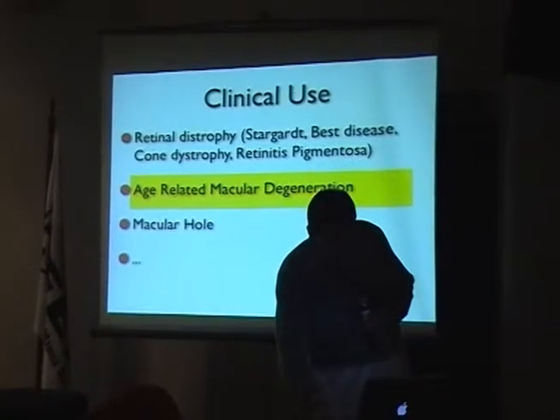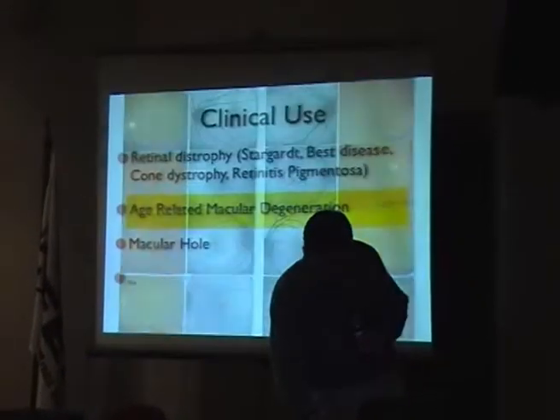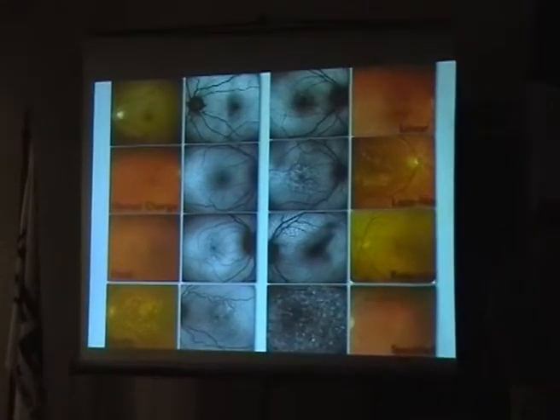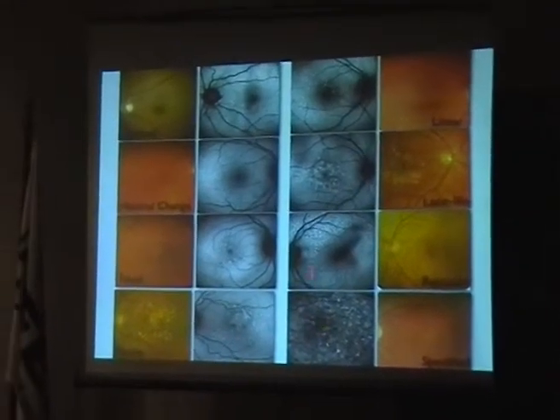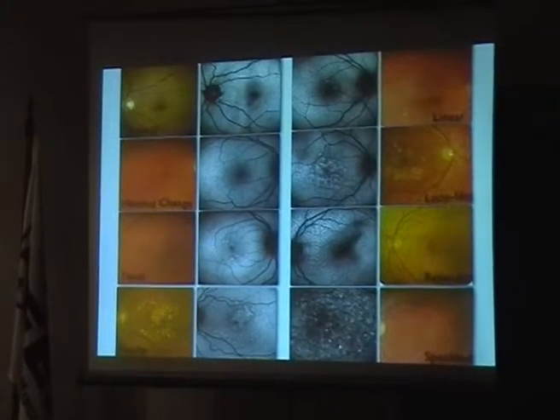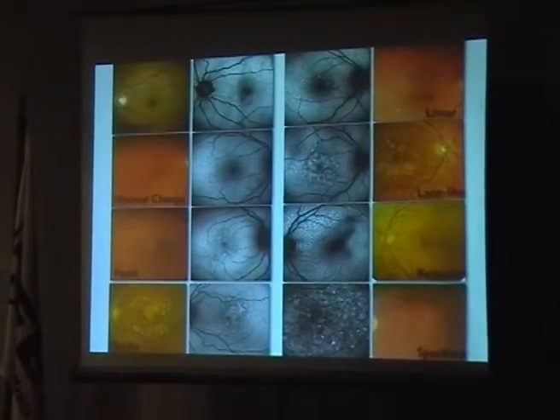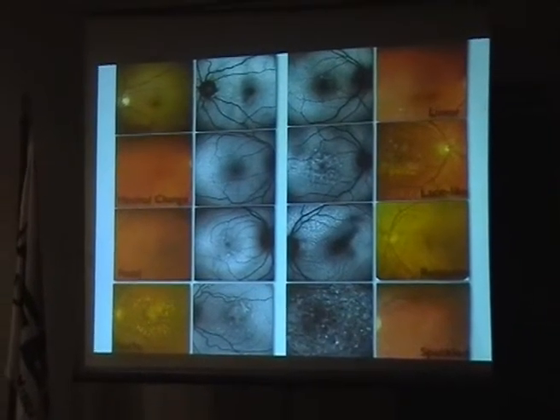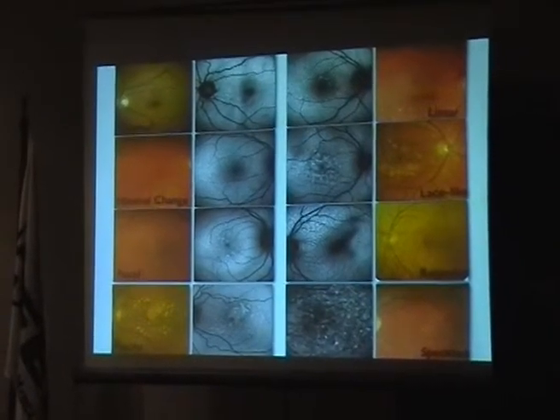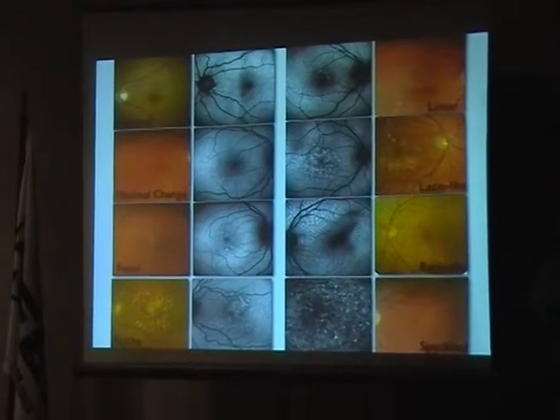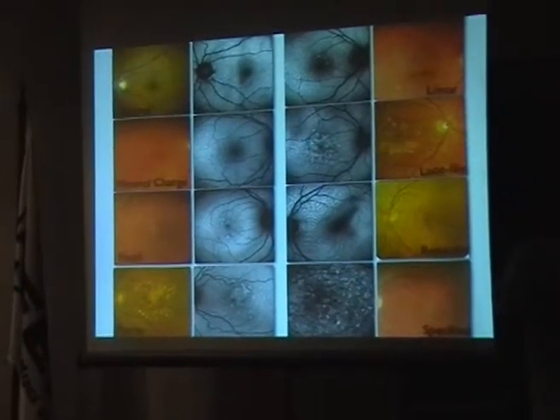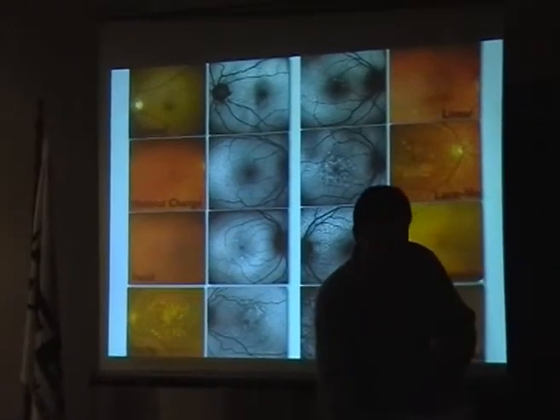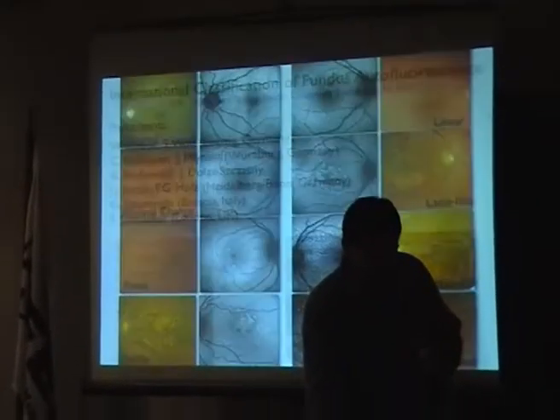In age-related macular degeneration, it's for sure used for the dry AMD. This is a classification that we did with our colleagues from Germany and from England, dividing drusen on autofluorescent images, and not just hard and soft, or hypofluorescent, hyperfluorescent, based on fluorescein.